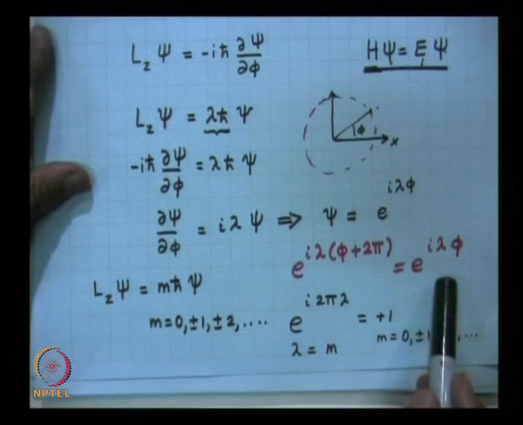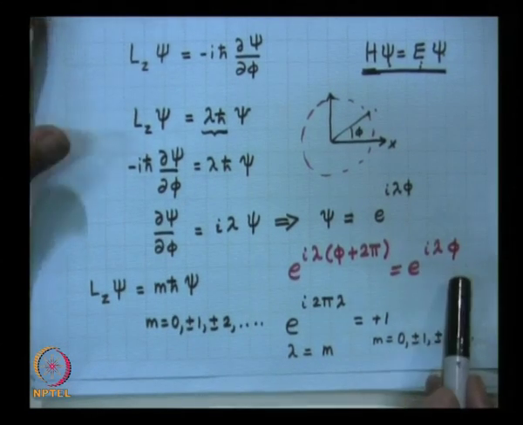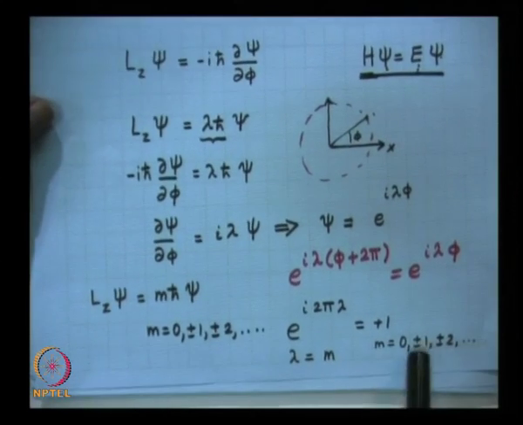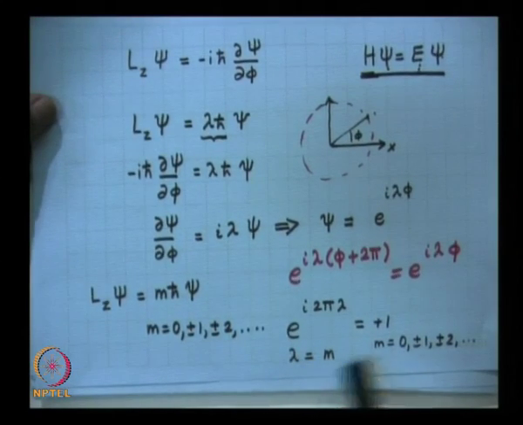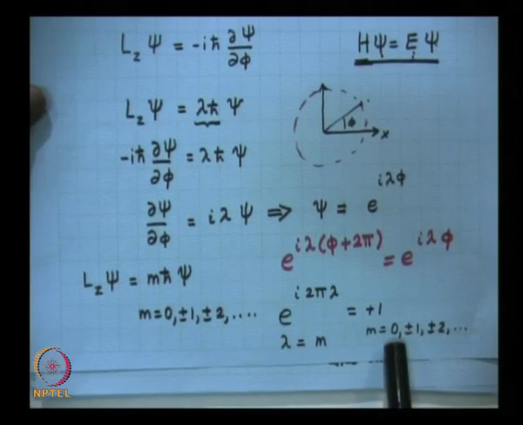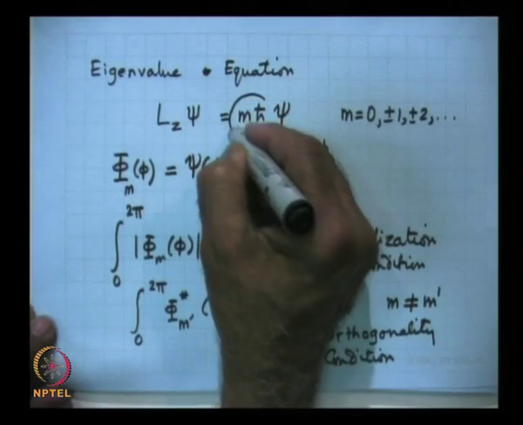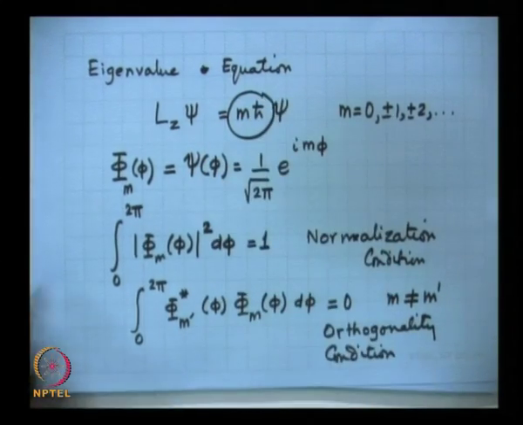Using this single valued condition, we obtain that lambda should be either a positive or a negative integer or a 0. So, what are the eigenvalues of the operator Lz? The eigenvalues are m h cross, where m is equal to 0, plus minus 1, plus minus 2, etc.